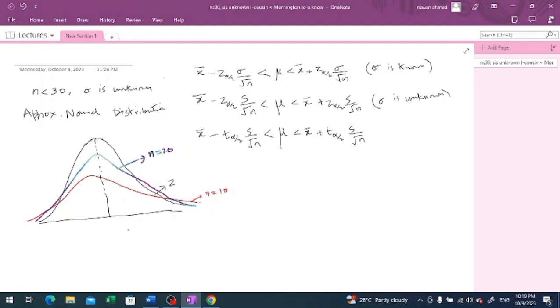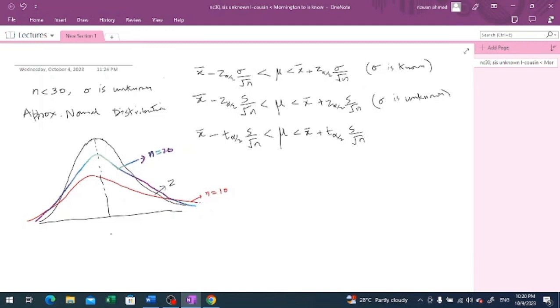And if we deal with a smaller sample size, we observe a greater degree of variability in a flatter curve. In case of a greater sample size, if we compare with 10, the sample size of 20 curve, we expect it to be relatively steeper and contain a lesser degree of variability.